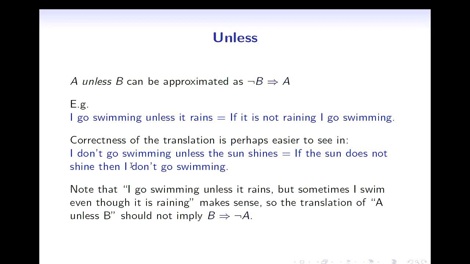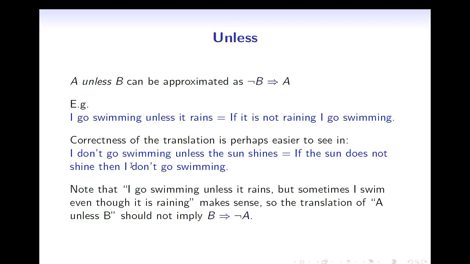That doesn't exclude the case that you will also be going swimming when it is raining, but you do say that I will definitely go swimming when it's not raining.